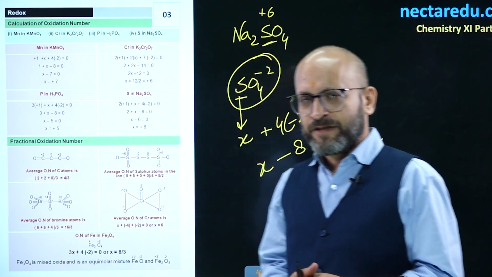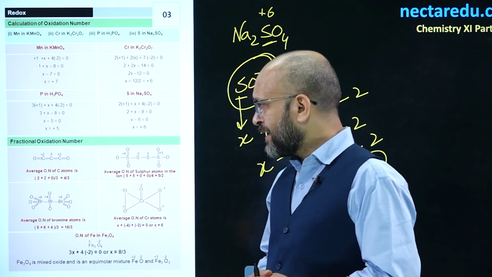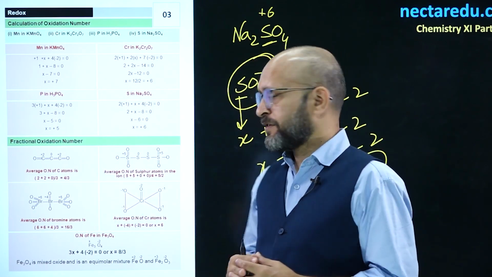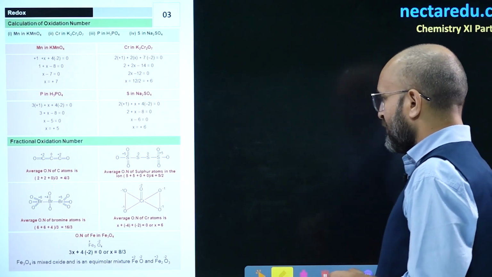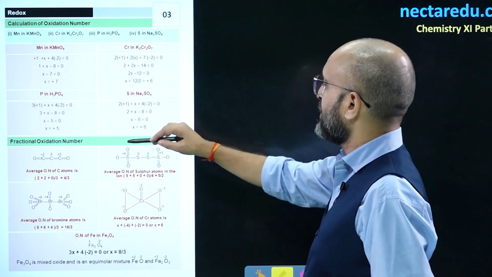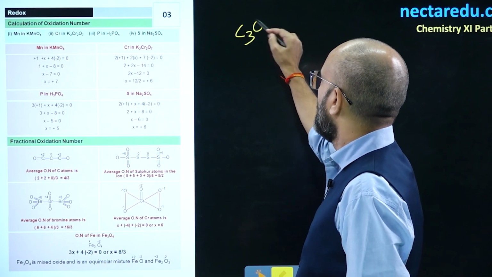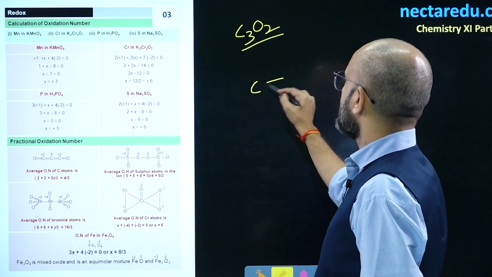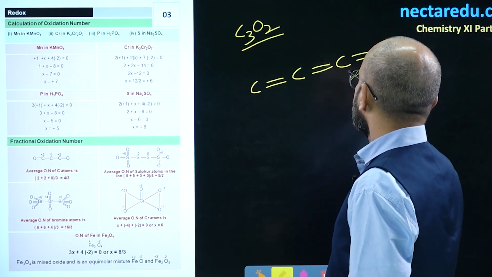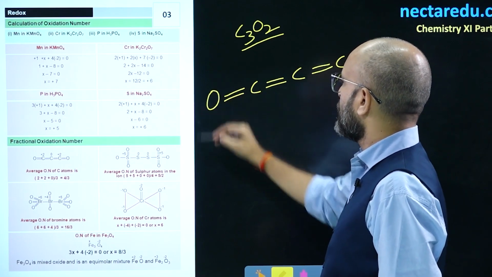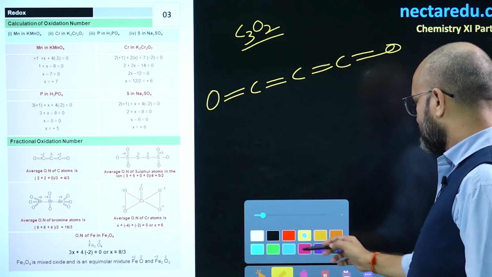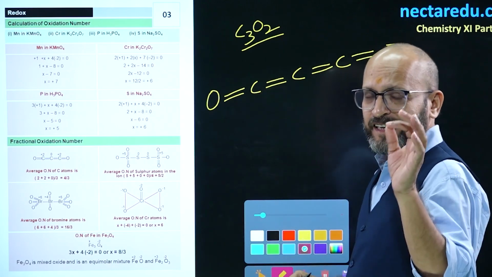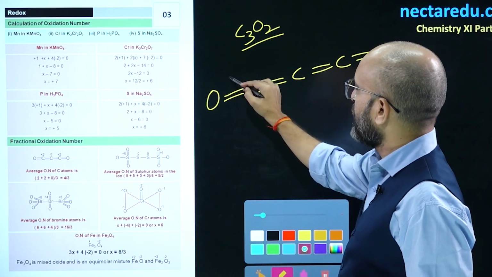We have a few more examples here where we get average oxidation values. Why are we getting that? For example, in carbon suboxide C₃O₂, why are we getting fractional values? I'll explain it to you. C₃O₂ has this structure. If we figure out each individual carbon's oxidation state, we have to break bonds.